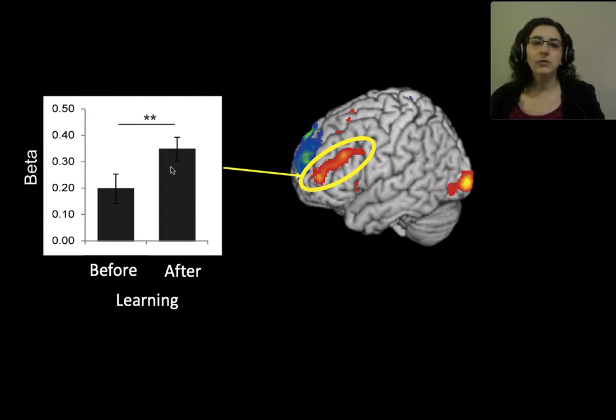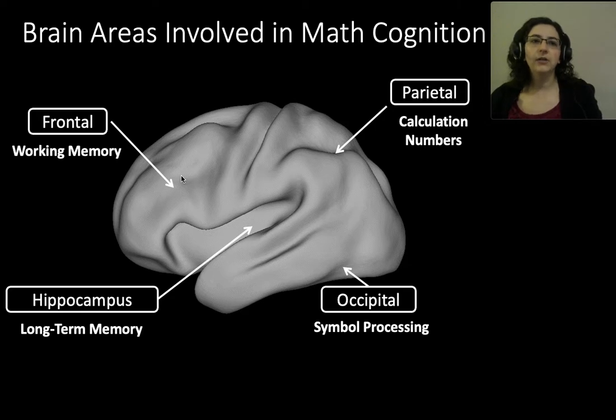And so we can use those changes in brain activity with learning combined with our prior knowledge about what different parts of the brain do to really understand what's happening with learning. And many parts of the brain are involved in math cognition. And today we're going to be focusing primarily on the parietal lobe, which is involved in calculation and number processing. And we'll talk a little bit about the hippocampus, which is an area involved in long-term memory.